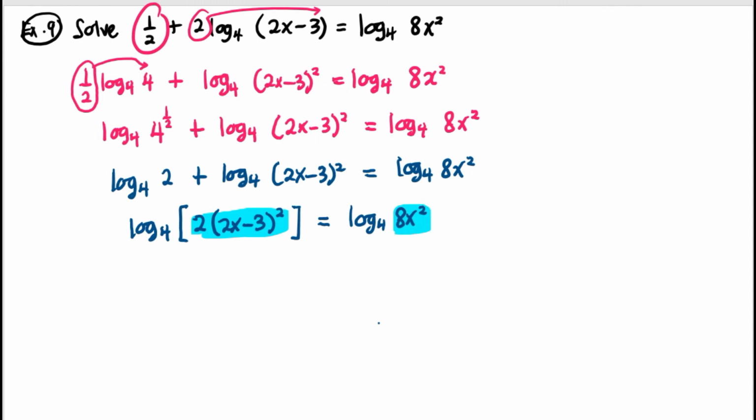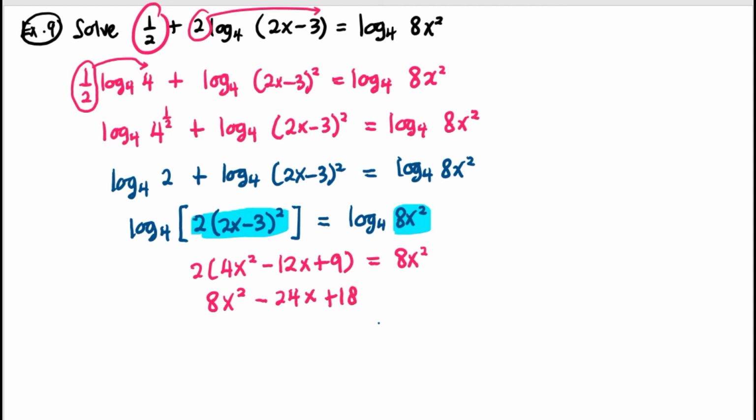So I will have 2x minus 3 squared, and I want to expand that one. It will give us 4x squared minus 12x plus 9. This part will become equal to 8x squared. Now I expand this, it gives us 8x squared minus 24x, because 4 times 2, yes.